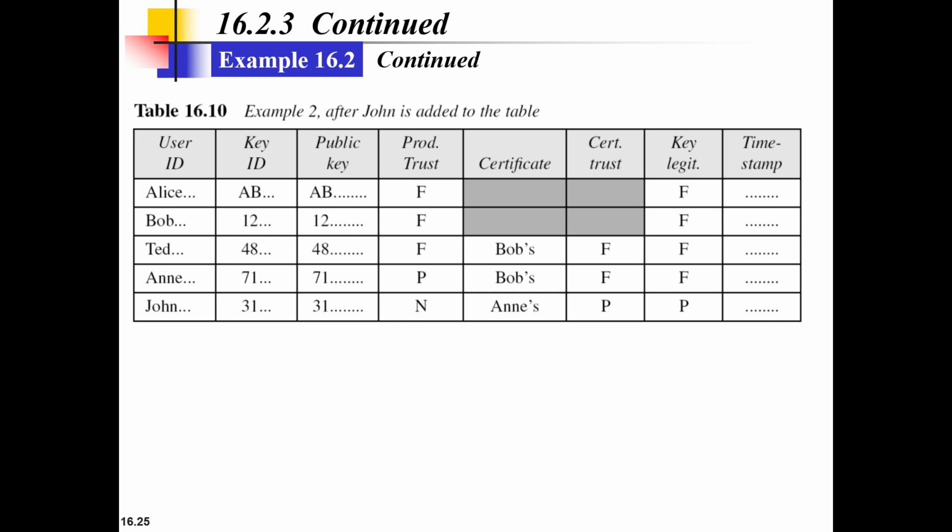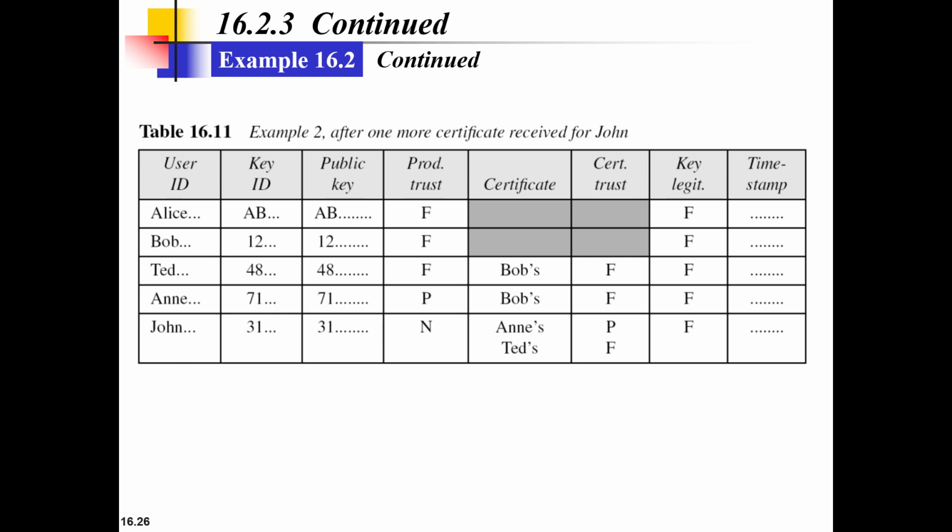Now, Janet, who is unknown to Alice, sends a certificate for Lee. Alice totally ignores this certificate because she does not know Janet. Now, Ted sends a certificate for John. John, who is trusted by Ted, has probably asked Ted to send the certificate. Alice looks at the table and finds John's user ID with the corresponding key ID and the public key.